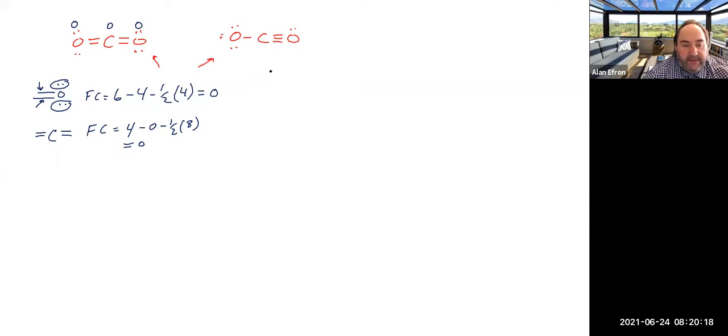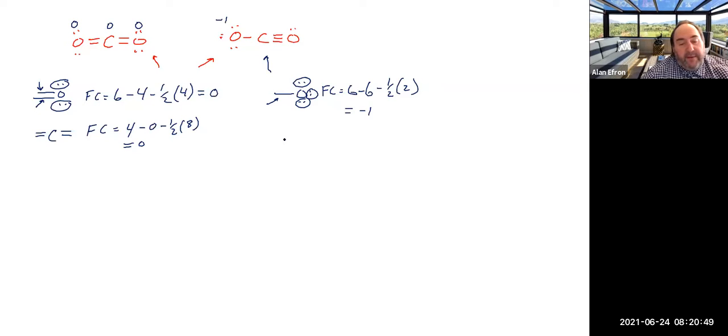So let's take a look at this side here. We've got our single bonded oxygen. That is going to give us 6 minus, in this case, 6 non-bonding electrons, minus 1/2 of 2, which again is the 2 electrons in the line. That's going to be 6 minus 6, which is 0, minus 1/2 of 2, which is a -1. So this oxygen is carrying a -1 formal charge.